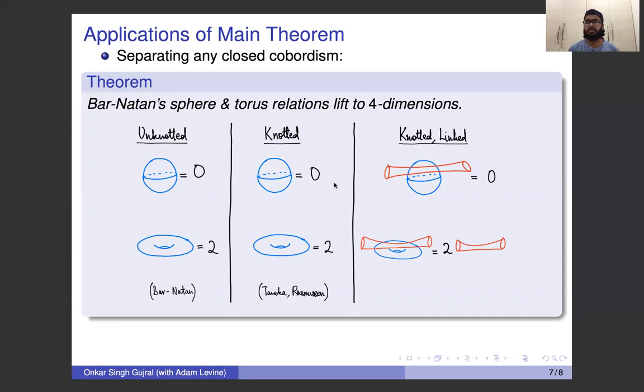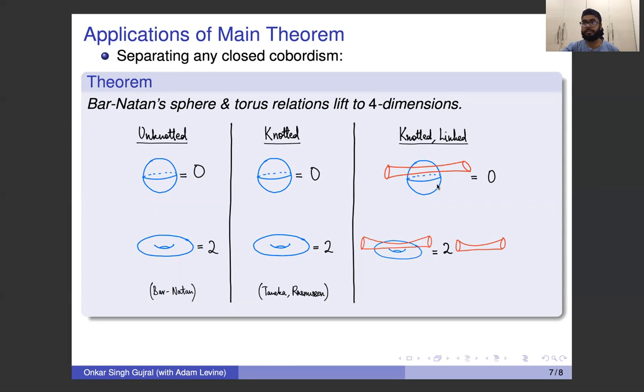So in order to complete this lift to 4-dimensional space, we would like to know what happens when the sphere, on the rightmost column, is indicated in blue, and you may have some arbitrary cobordism indicated in red, and these may be linked up in some complicated way.